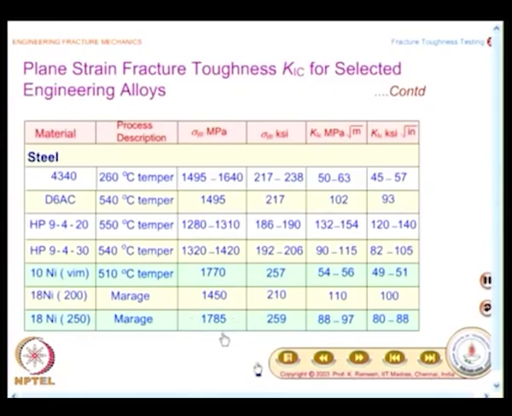For that steel, the K1C is determined to be 88 to 97 MPa root meter. It gives you a flavor. You are really talking of high strength alloys. And what is the typical variation of fracture toughness in the case of steel?